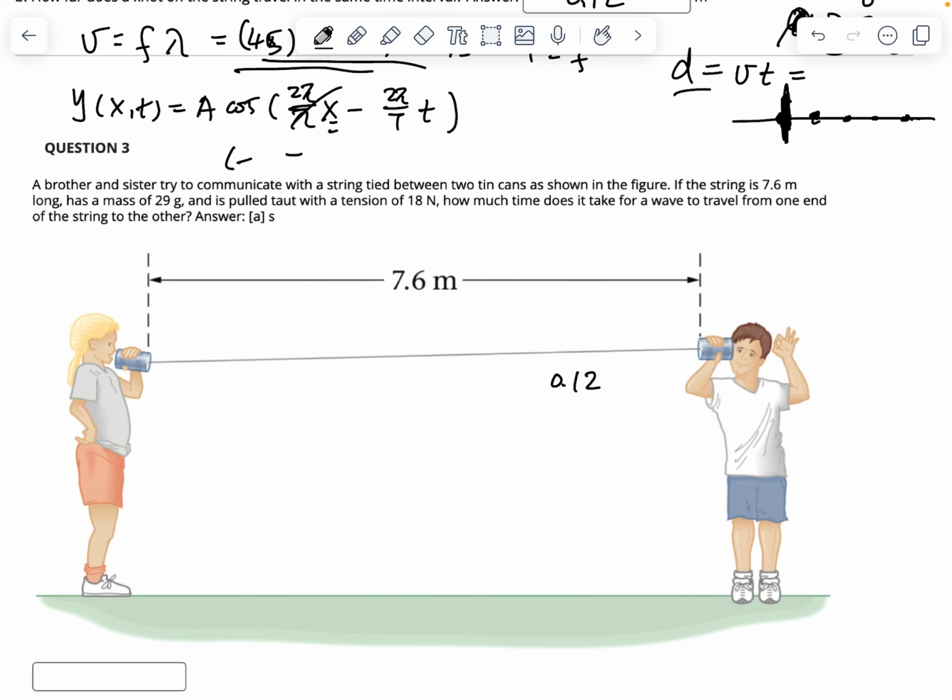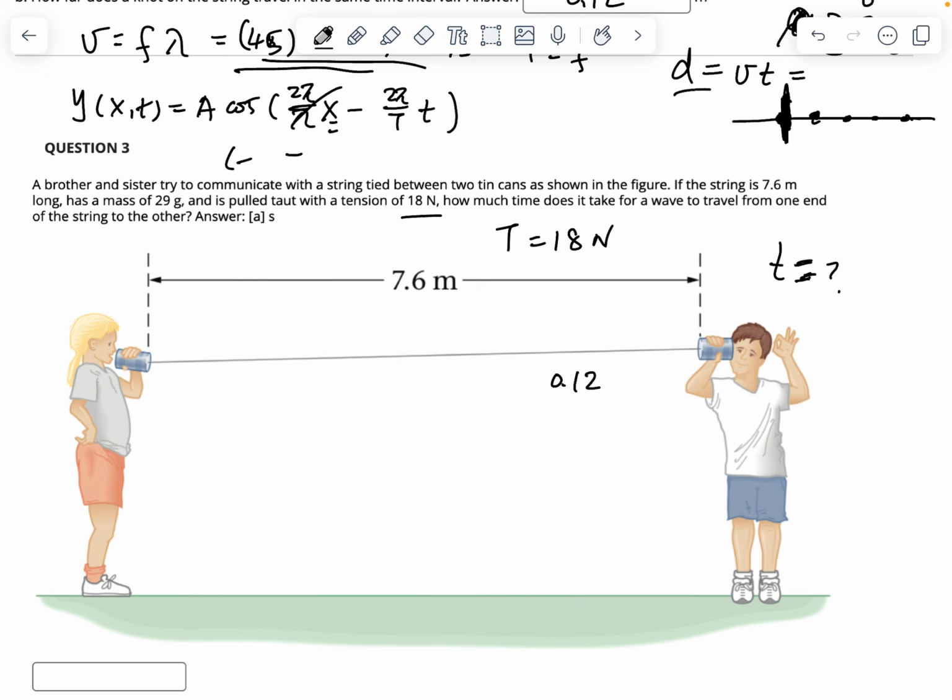If the string is 7.6 meter long, has a mass of 29 g, and is pulled taut with tension, so there's tension, Newton, and how much time does it take for a wave to travel from one end of the string to the other? Okay, all right. Looking for time, right?